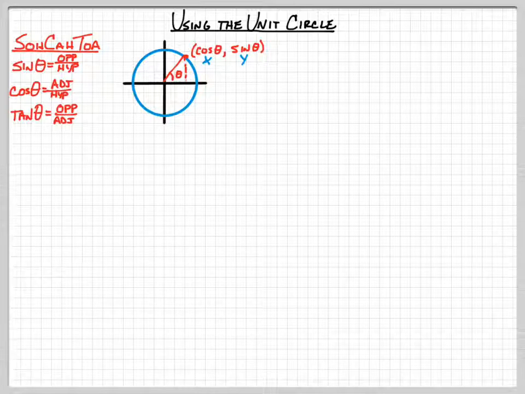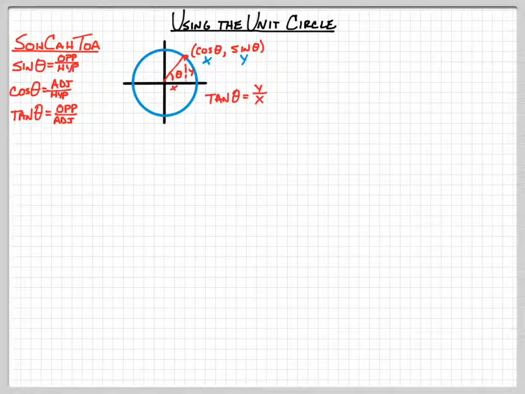The opposite side of theta is our y, so sine is y over the hypotenuse. The hypotenuse is 1 on the unit circle, so sine is just whatever y is. The side from the origin to the vertical line is our x value, so cosine theta is the same as x, because again the hypotenuse is 1.